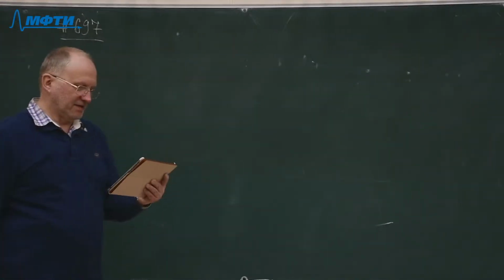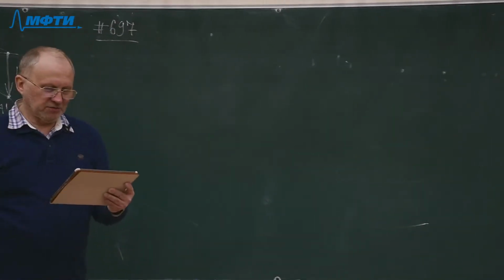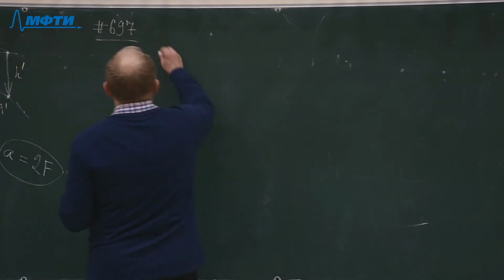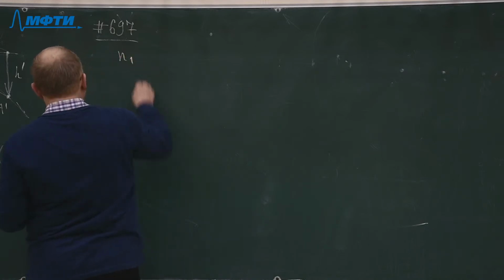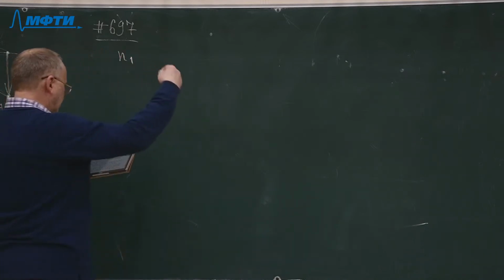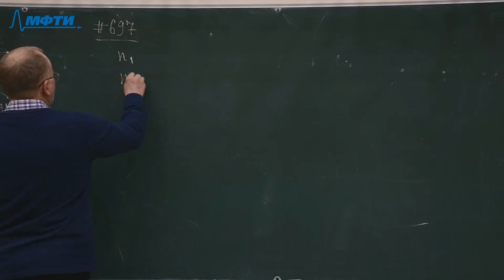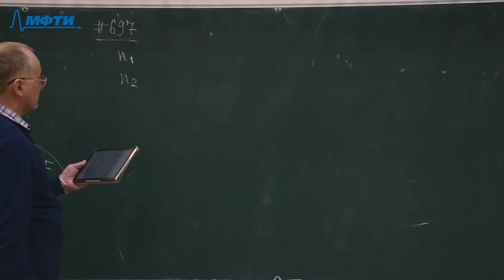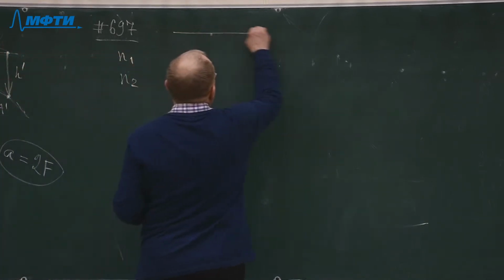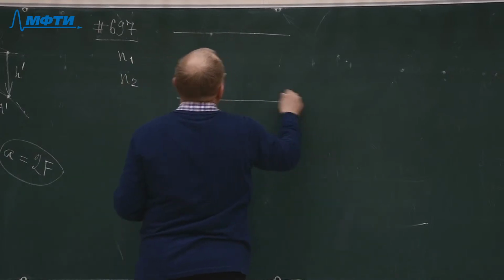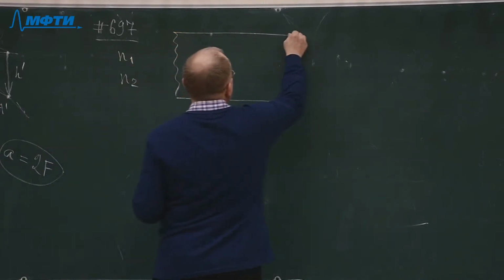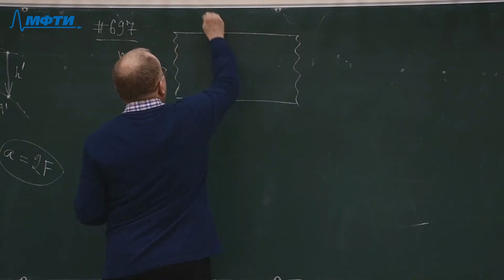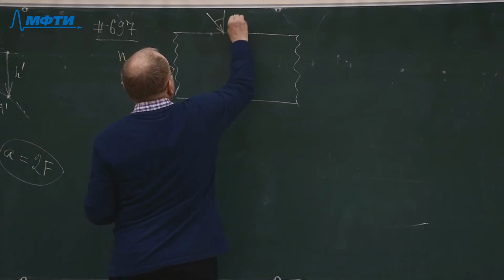A thick plate is made of a transparent material whose refraction index changes from n1 on its upper edge to n2 on its lower edge. A beam enters the plate at the angle alpha. So we have some thick plate made of glass, and the beam enters here at the angle of incidence alpha.